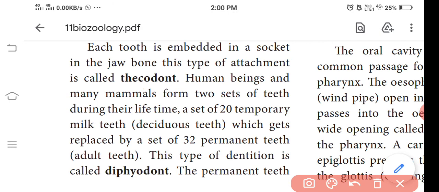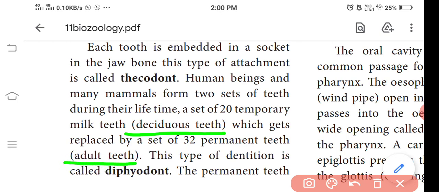Human beings and many mammals form two sets of teeth during their lifetime. A set of 20 temporary milk teeth, whose other name is deciduous teeth, gets replaced by a set of 32 permanent teeth, which are named adult teeth.